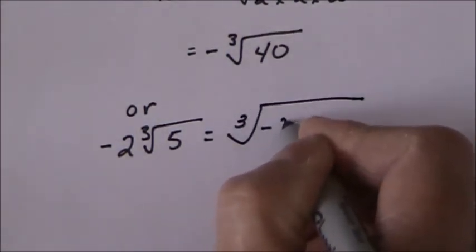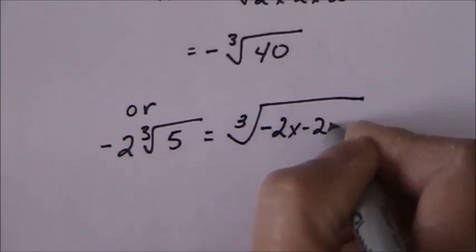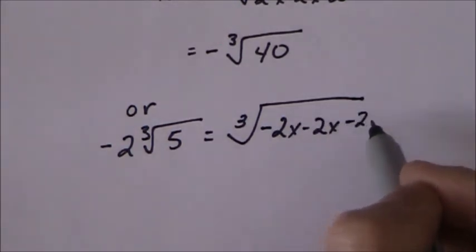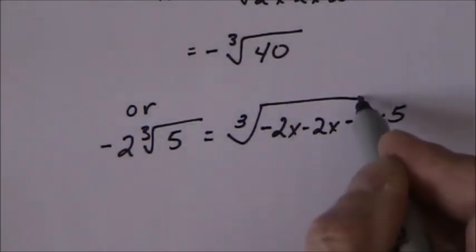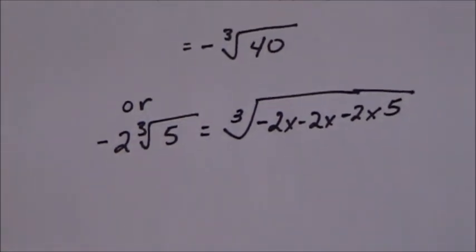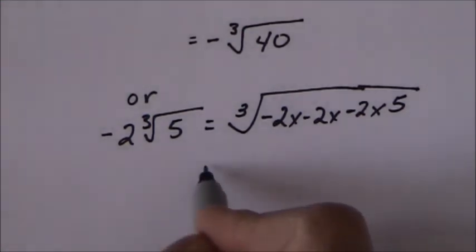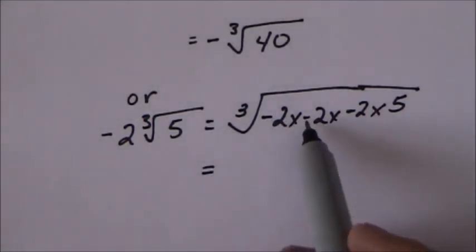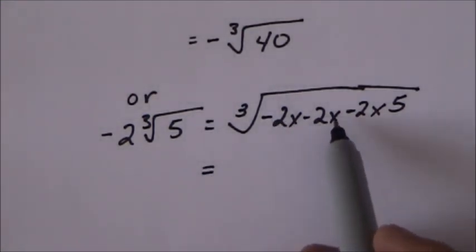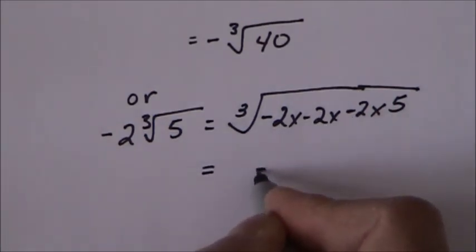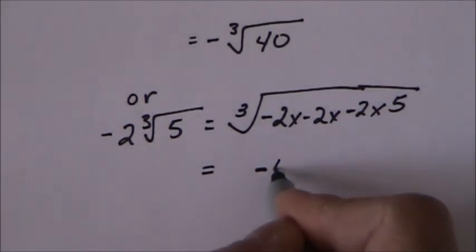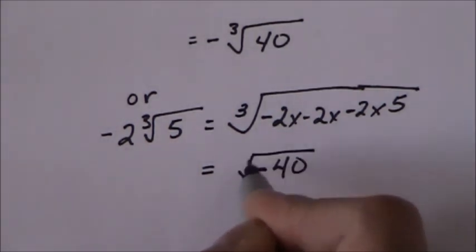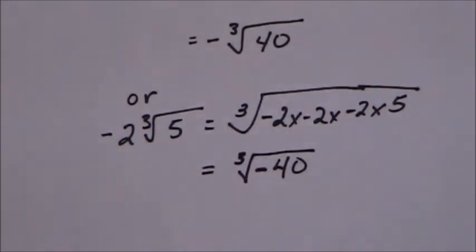We would have negative 2 times negative 2 times negative 2 times 5, all underneath our radical sign. Then when we multiply this together, negative times the negative is a positive. Positive times the negative is a negative. 2 times 2 times 2 times 5 is 40, all under the cube root sign.